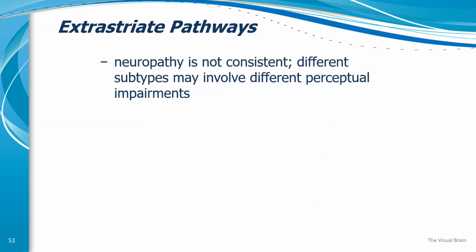The neuropathy is not consistent. That is, we don't get a specific pattern of brain damage that's giving rise to this. It's probably because there are many very different subtypes of associative agnosia, actually. And it's probably that this category is just too broad for us to get a consistent picture.